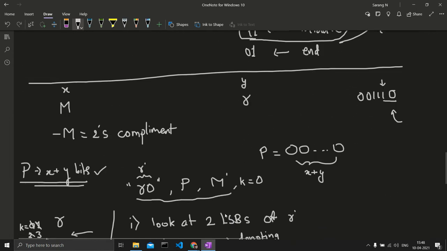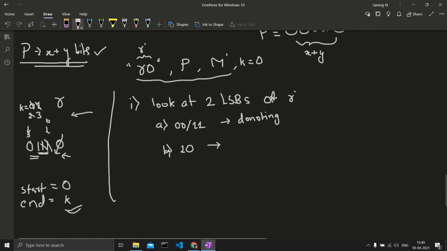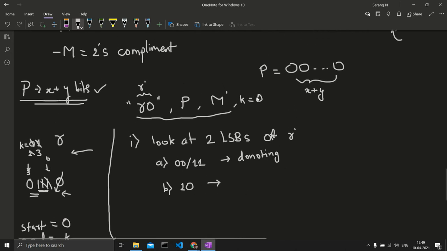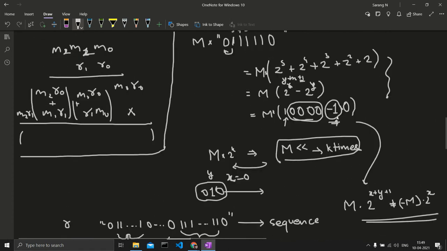Now, at the start we won't have 1 1 anytime. We can have a 0 0 or a 1 0. If we have 1 0 at some position, we just add minus m at that x position.